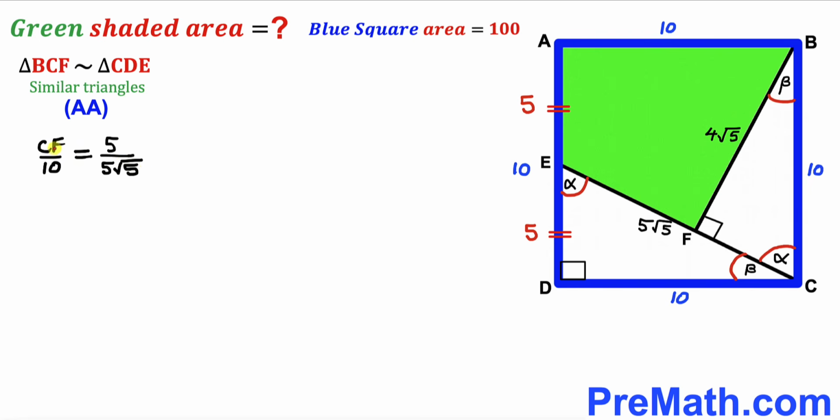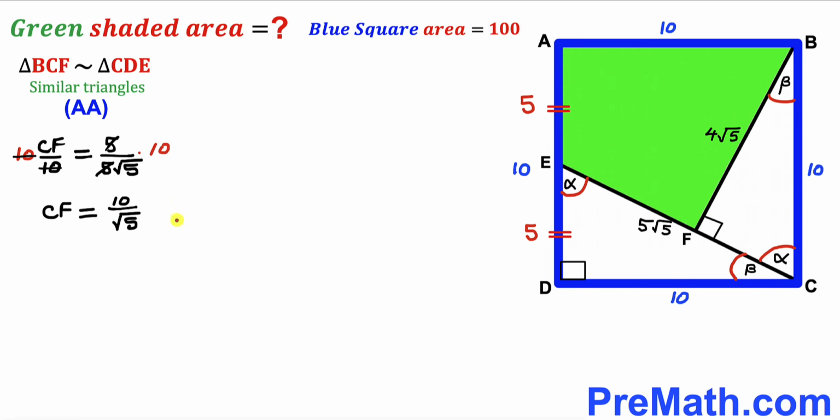And now we are going to isolate CF by multiplying by 10 on both sides. And here we can see 10 and 10 is gone. So therefore CF segment length is going to be equal to this, 5 and 5 is gone. So therefore we ended up with 10 divided by the square root of 5.